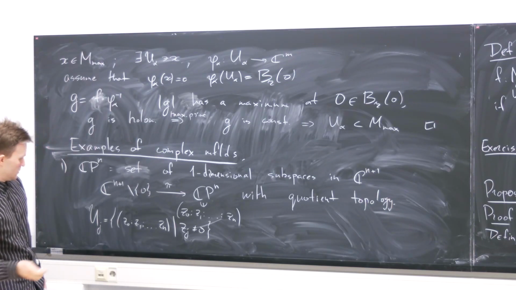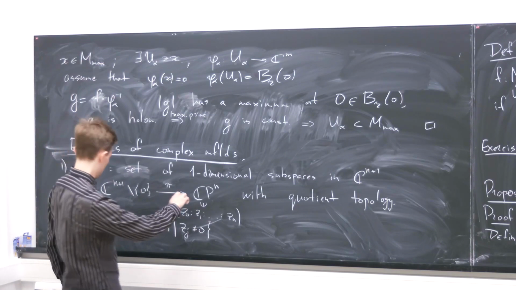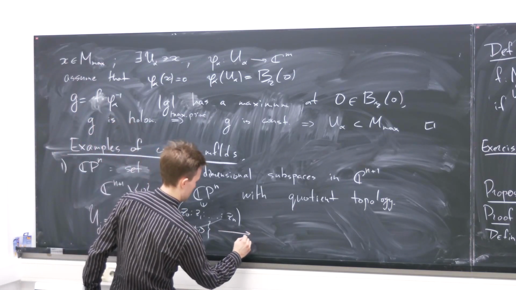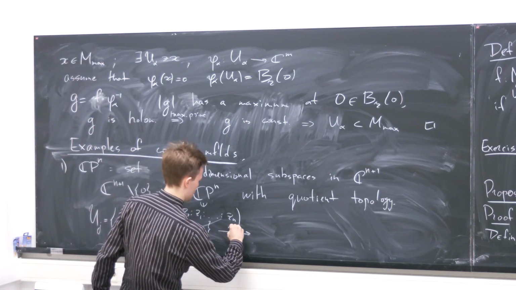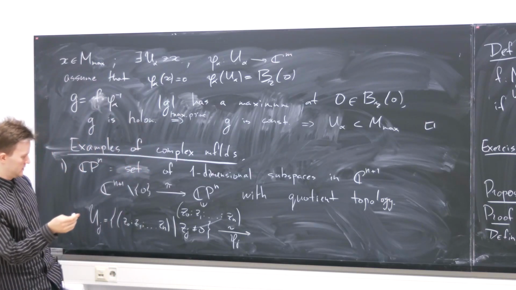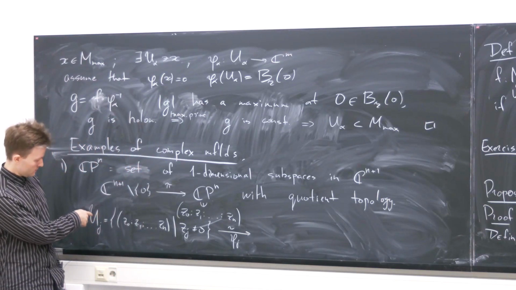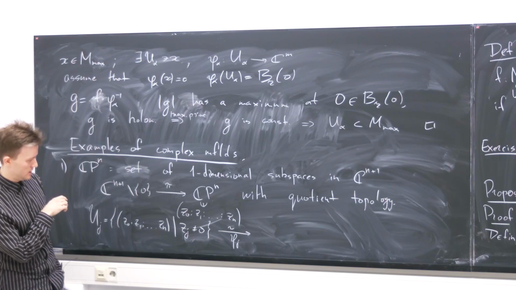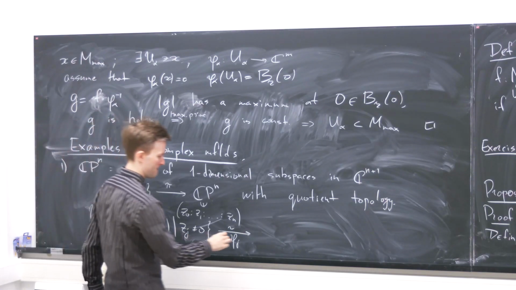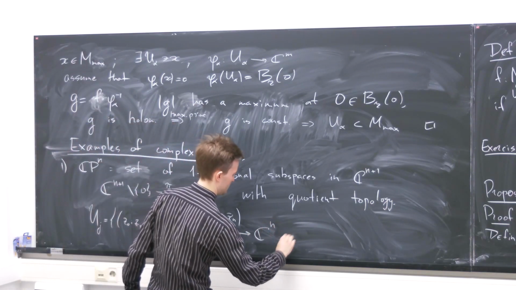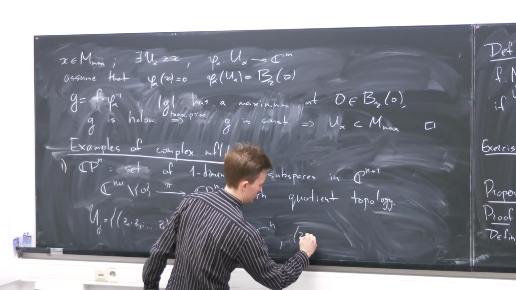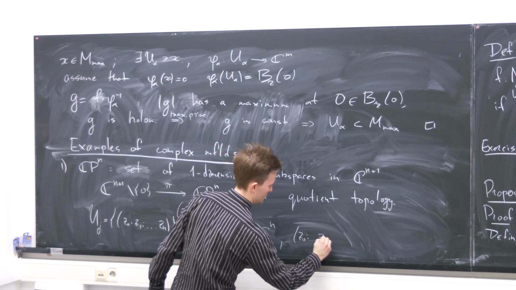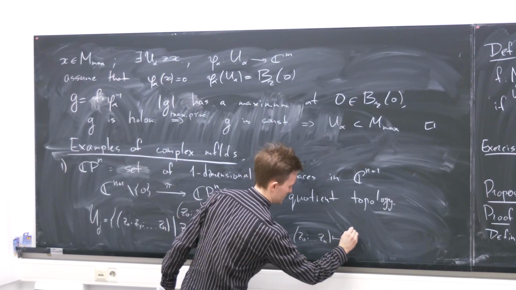And then we can consider a homeomorphism of this subset in CPn with Cn, sending our point into the following.